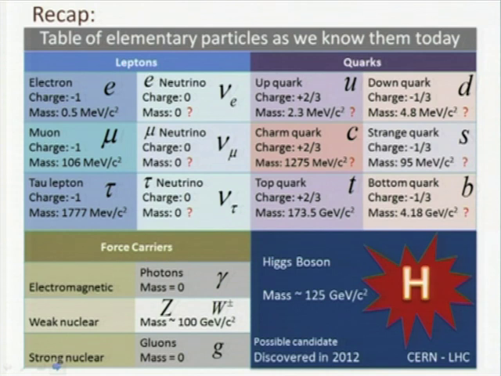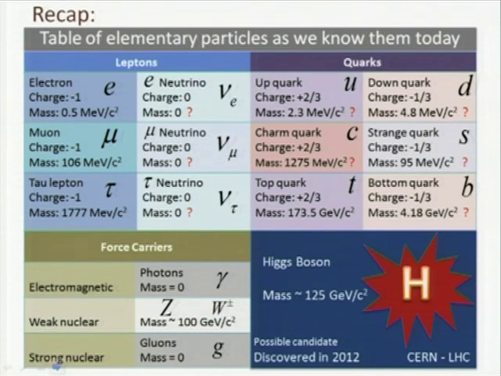Similarly, for weak nuclear interaction, there are three such gauge bosons. One is a neutral gauge boson, and the other two are charged gauge bosons, W plus and minus. All the three of them have mass around 100 GeV/c². And strong nuclear interactions are carried through the exchange of what are called gluons.